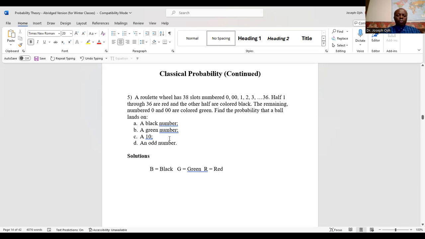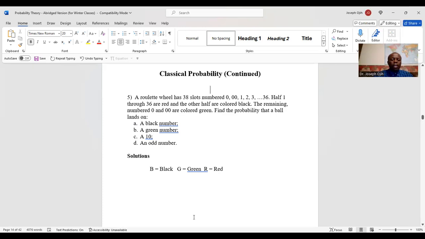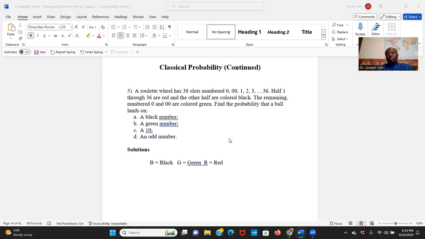This one says, a roulette wheel has 38 slots: numbers 0, 00, 1, 2, 3, all the way to 36. Half of 1 through 36 are red, and the other half are colored black.